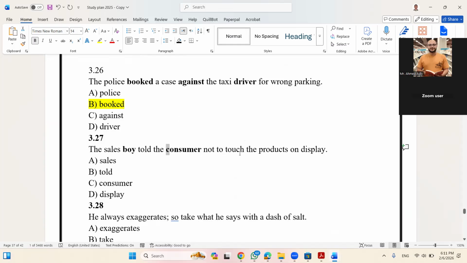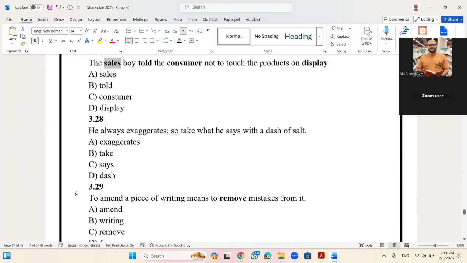Consumer is someone who consumes something, eats something, takes something. But in this context, we say customer, all right? The shoppers, the buyers. I know that customers are consumers, but whenever they're shopping, they're customers.